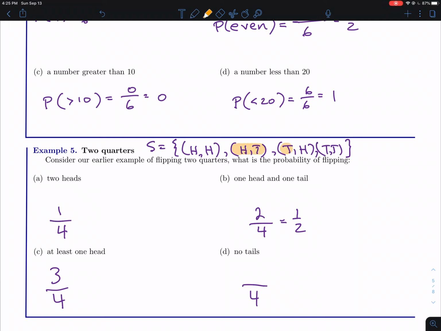I don't want that one, I don't want that one, and I don't want that one. The only one I do want is this one in blue, because it's the only one that doesn't have any tails in it. So there's only one way to flip a coin that gives me no tails. So 1/4 gives me, again, 25% or 0.25.